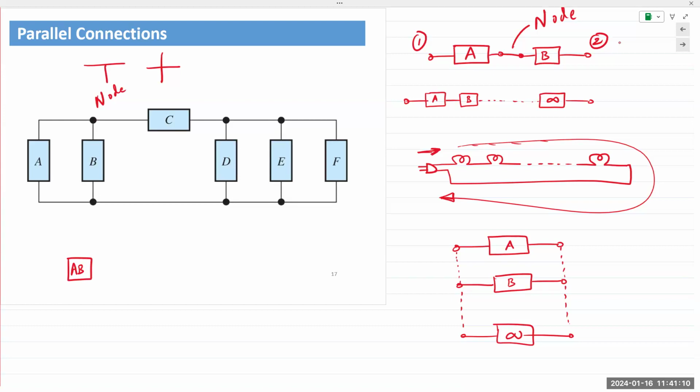Whether the element is a resistor or a capacitor or an inductor, if it's in parallel or in series, you can reduce it to one single equivalent resistance, equivalent capacitance, or equivalent inductance. Physically, of course, there are 2 or 3 separate elements, but electrically speaking, the circuit sees them as one. And mathematically, we can reduce it to one single value or one single number.